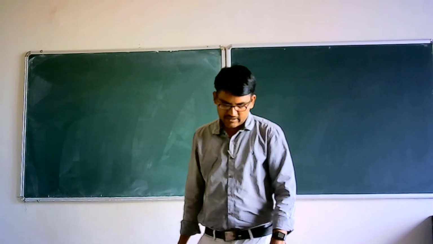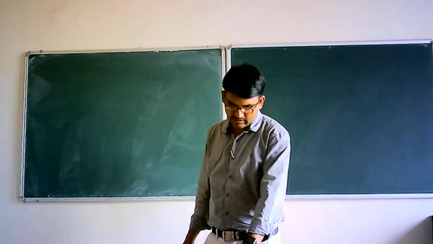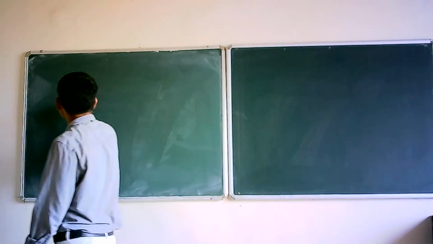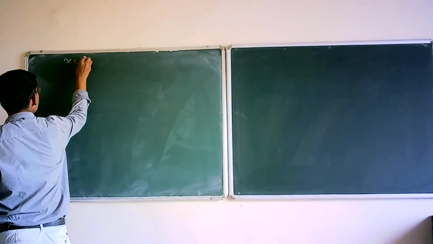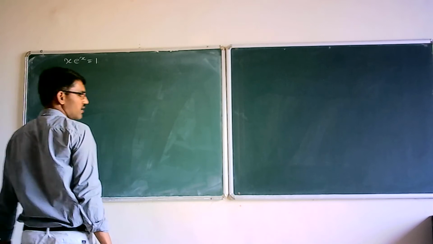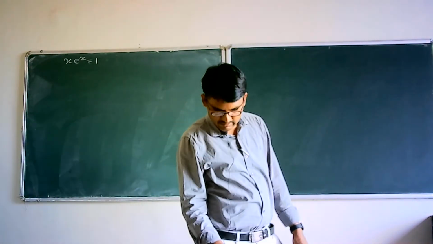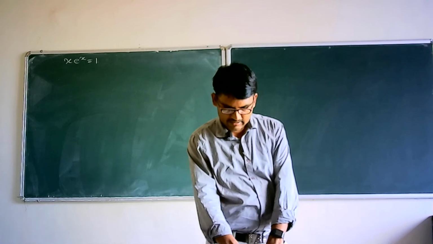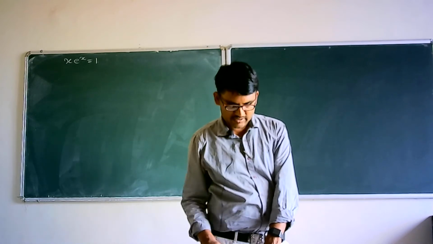Use method of iteration to determine the root of the equation x e raised to x is equal to 1, and then apply Aitken's delta square process.